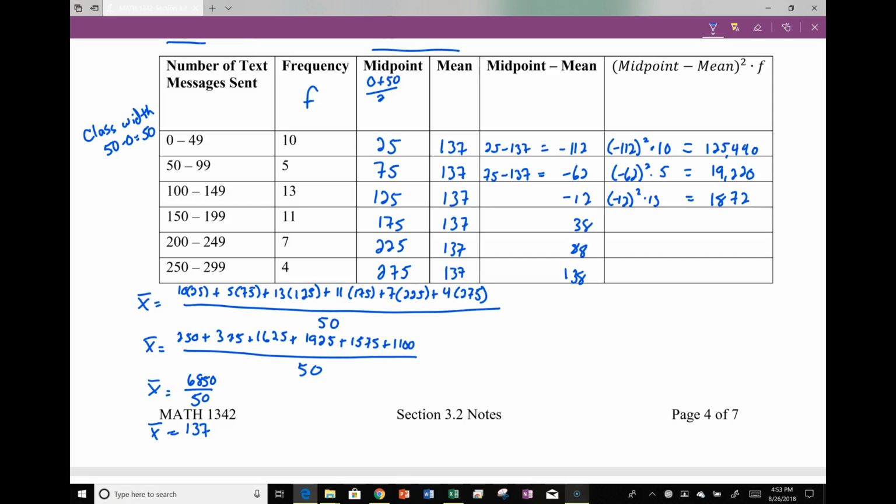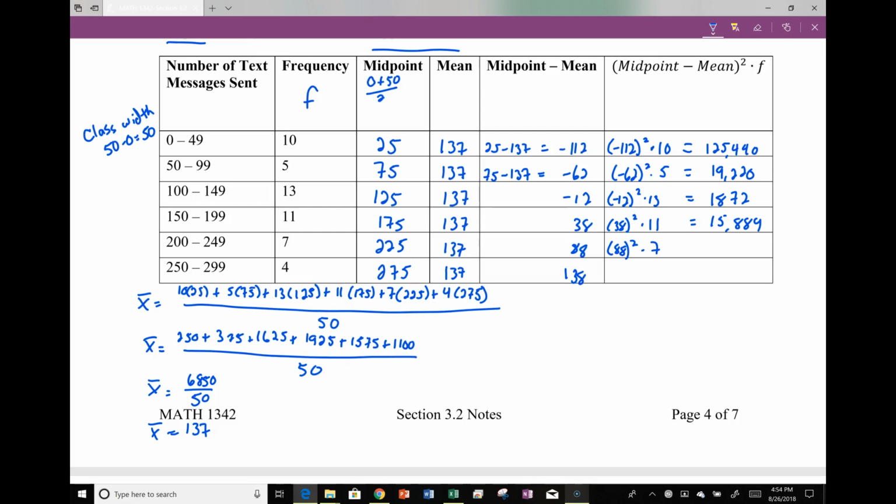38 squared is going to be 1,444. I'm going to multiply that by 11 and I get 15,884. 88 squared times 7.